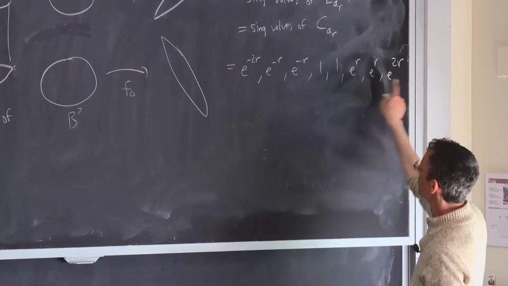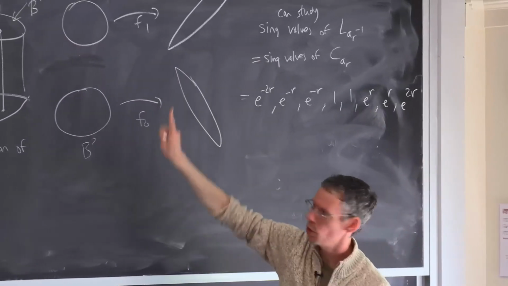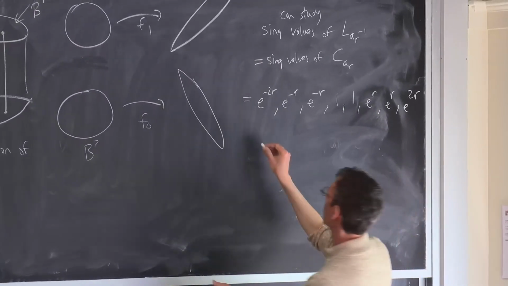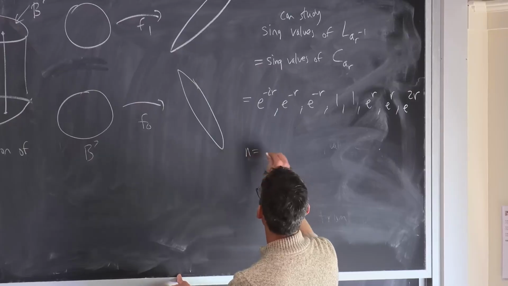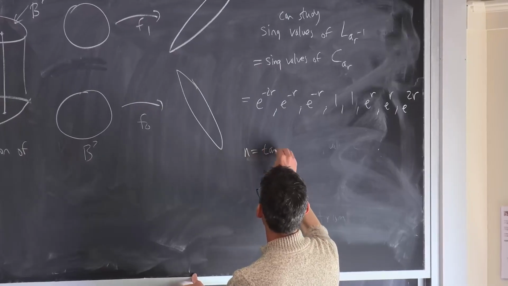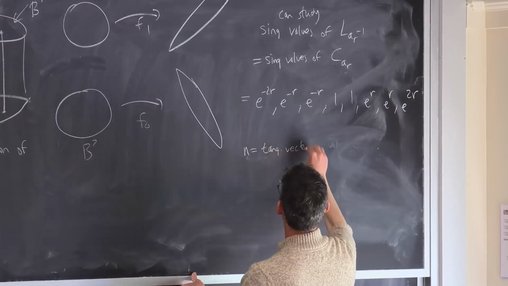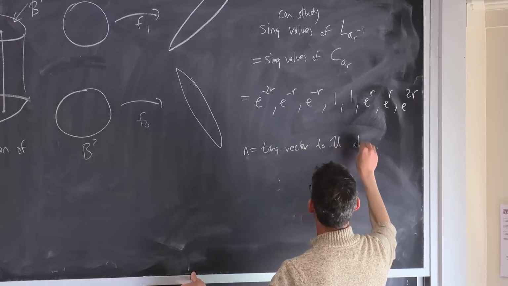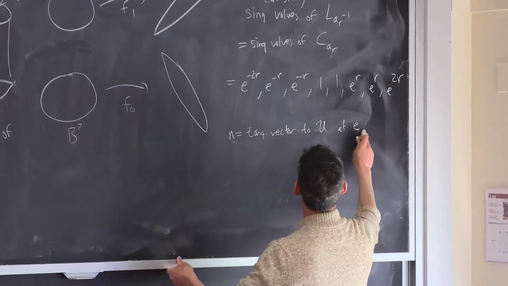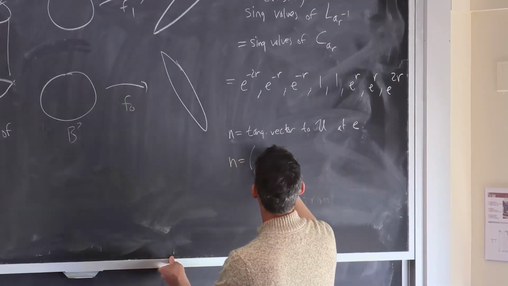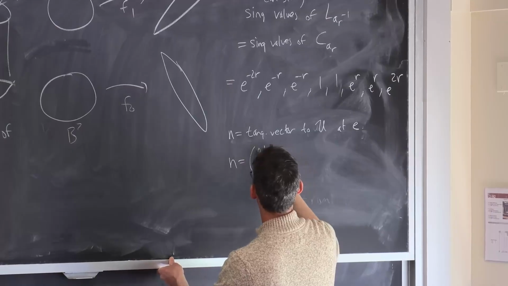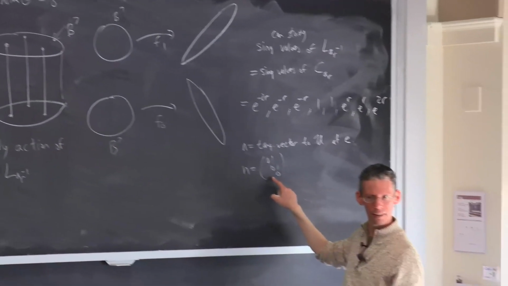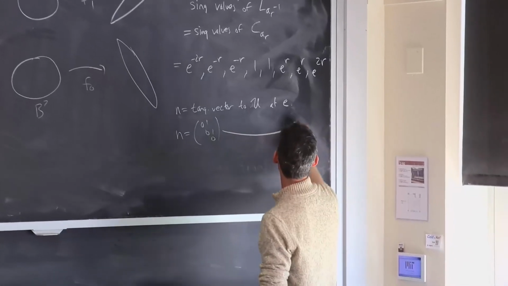Now, one of these singular values corresponds to the u direction. So little n is the tangent vector to the group u at the identity. It's not super important what the formula is, but if you differentiate, you'll see that the tangent vector is that, and that's one of these guys.